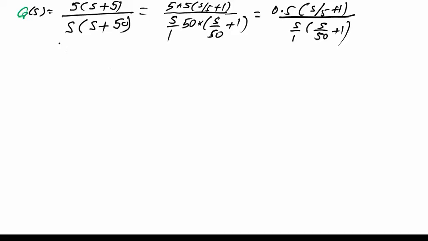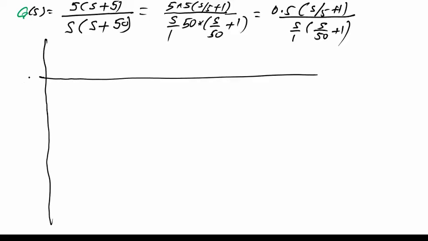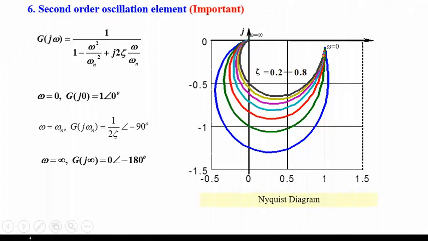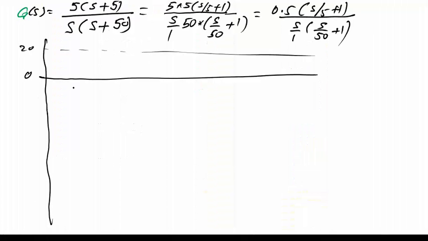Now I want to do both the magnitude and the phase. This is the magnitude plot. This is the 0 dB. Let me start here with 20 dB, this is minus 20 dB, and maybe here I can do minus 40 dB.